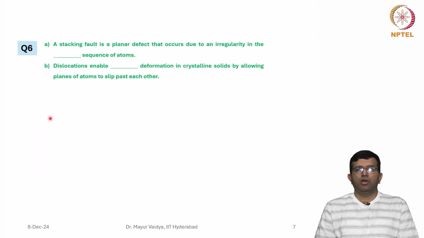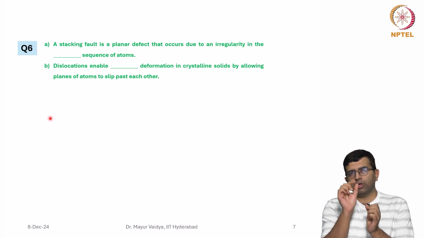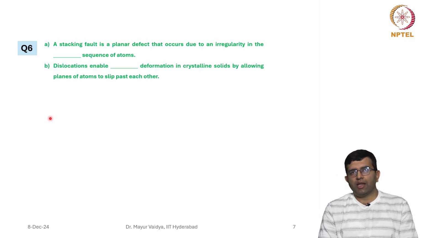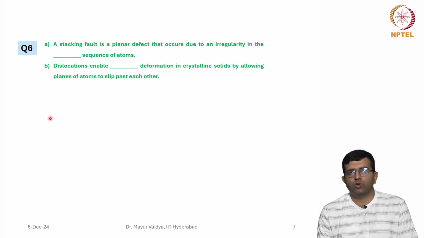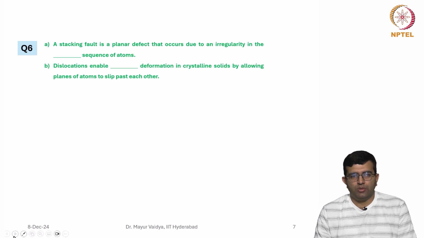Moving ahead, this is again a recall question. Stacking fault is a term we only listed in our categories of defects, but just to tell you, a stacking fault is a planar defect that occurs due to an irregularity in the stacking sequence of atoms.